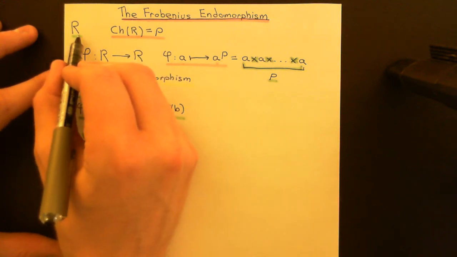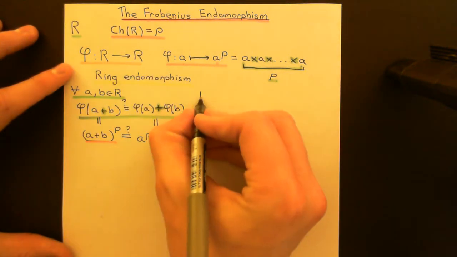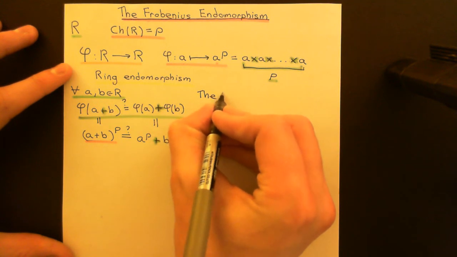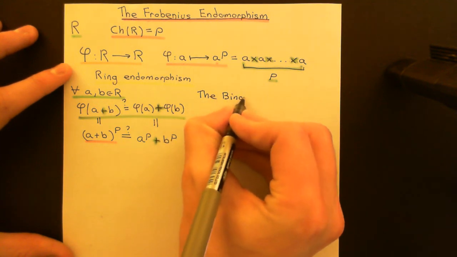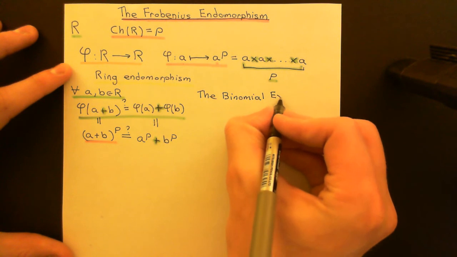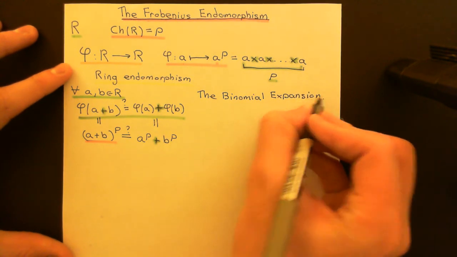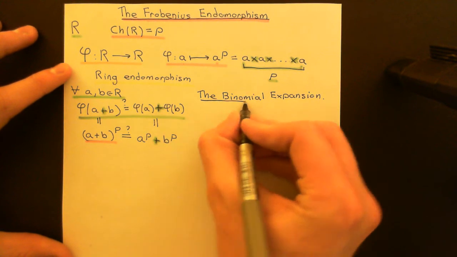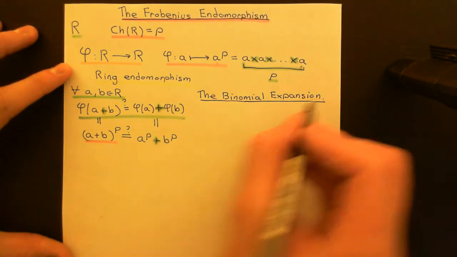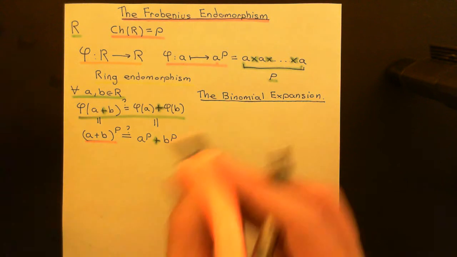Okay, we're now using the fact that this is a commutative ring to apply the binomial expansion. So I'll just put this here. Okay, so this is a topic worth a video in its own right, but here it's just going to be a little side discussion. So the binomial expansion. Okay, and I'll stress again that this can be used in an arbitrary commutative ring to expand something of this form, (a plus b) to the power of n.